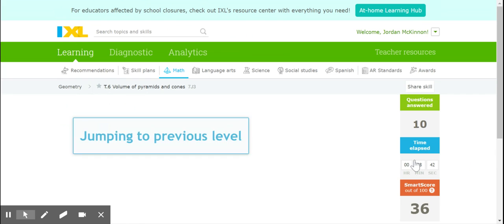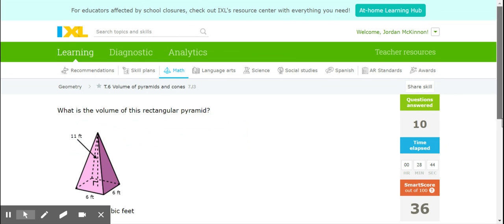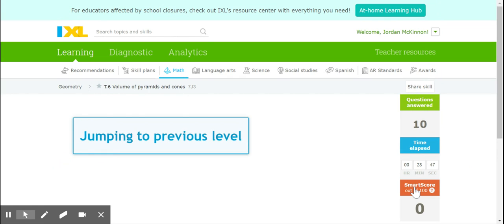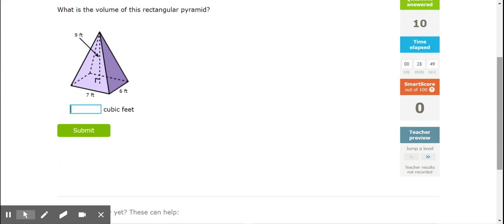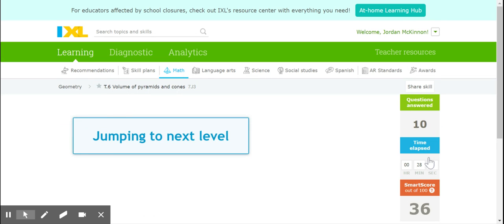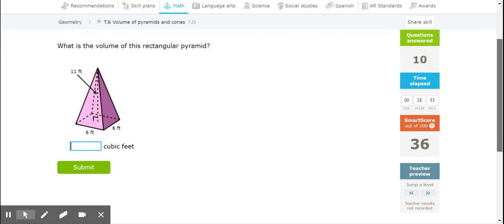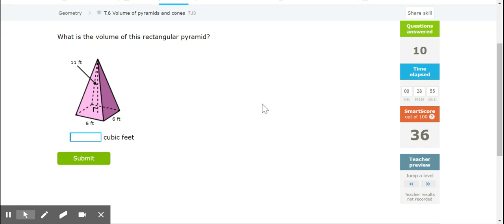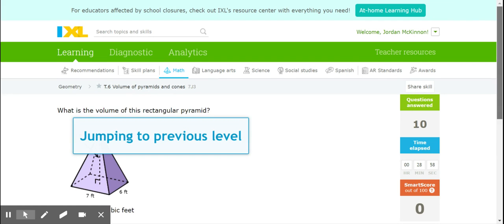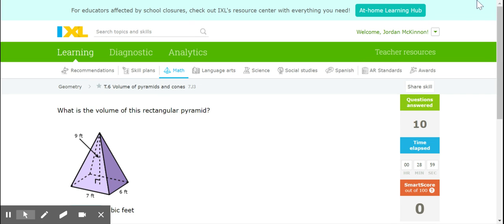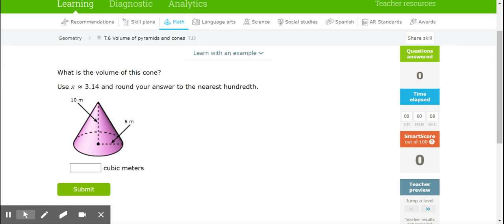I don't want to do that cone. Okay, I found us a cone to do, so I can work a couple of problems that involve a cone. I had to go back down to 0 to find it, but that's okay.